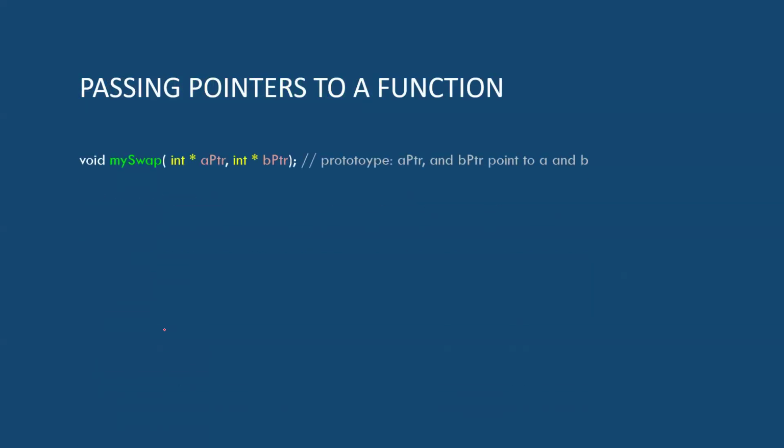So why do we deal with pointers so much? Because they let us do some things that are hard to do other ways. So here's an example of us getting the address of two different integers. So think of this as pointing to a mailbox over here and pointing to a mailbox over here.